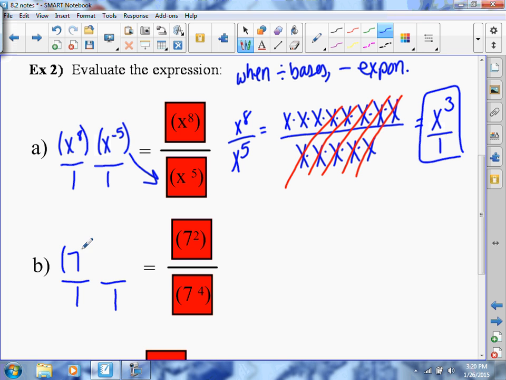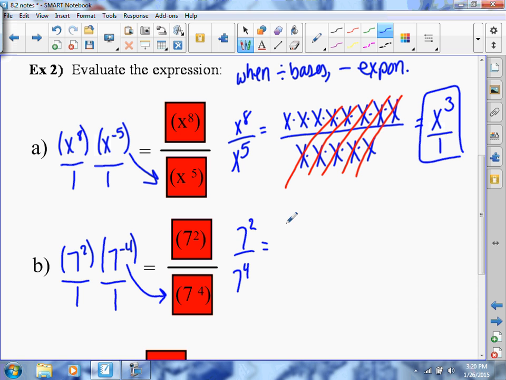That means the negative exponent goes away. That's why I'm moving just it down to the denominator. See that little red negative? It's gone now. So we have 7 squared over 7 to the fourth.